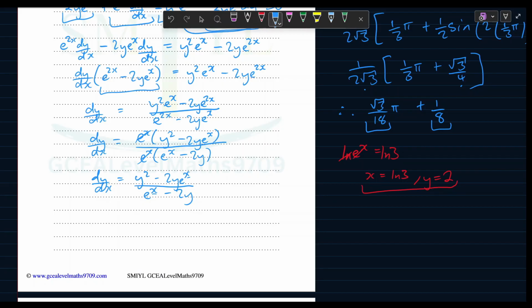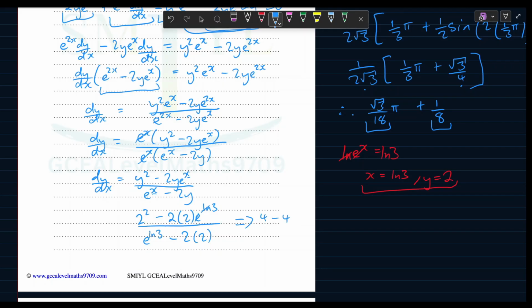So let's simply substitute into our gradient function dy/dx. So that's going to be y squared, which is 2 squared, minus 2 times y, which is 2, e to the x, so e to the ln 3, and this is over e to the x, so e to the ln 3, minus 2 times y, so 2 times 2. Then here we've got 2 squared, so that's 4, minus 2 times 2, that's 4.